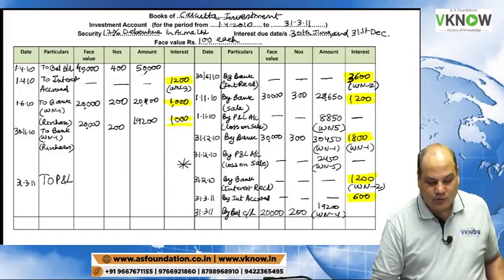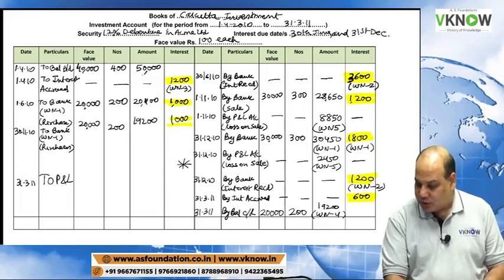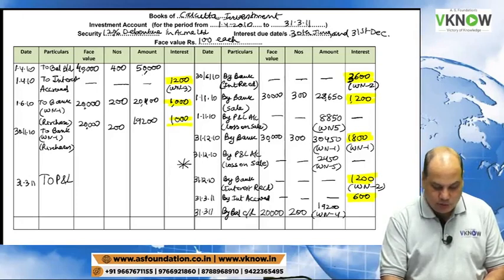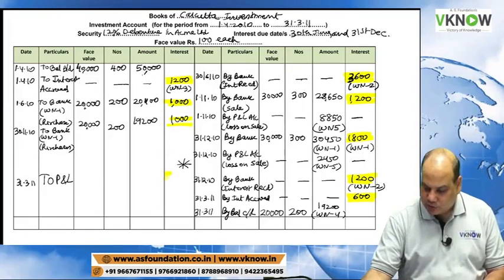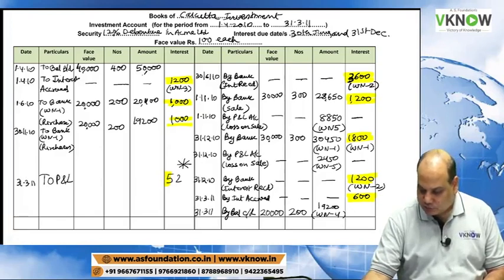You are not replying. Let me also try myself. So it will be 3600 plus 1200 plus 1800 plus 1200 plus 600 minus 1200 minus 1000, 5200. So the answer is 5200.